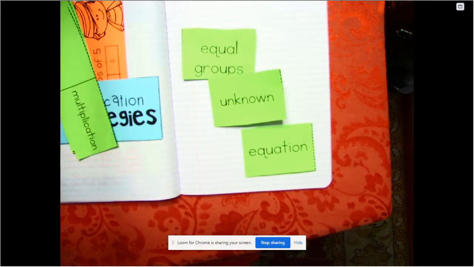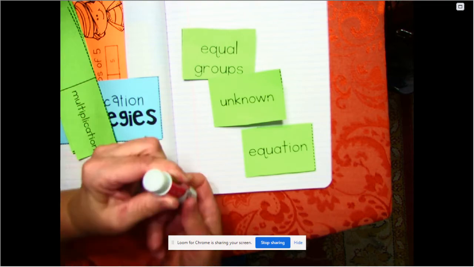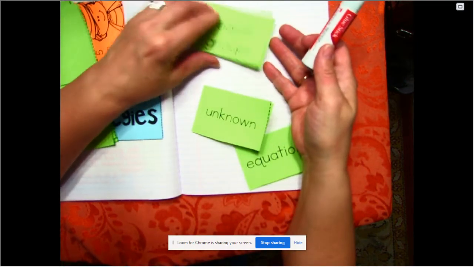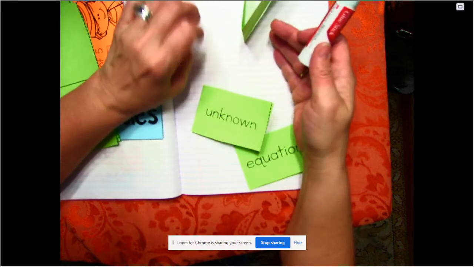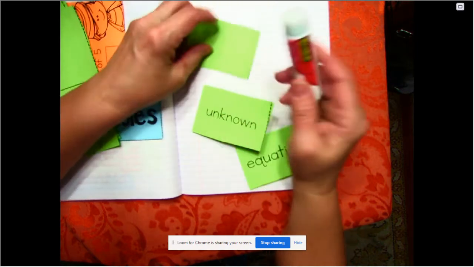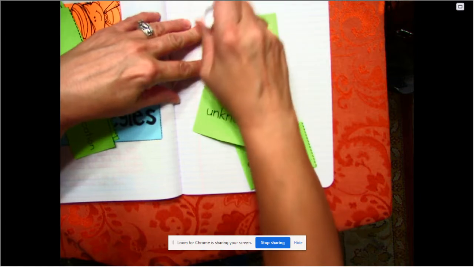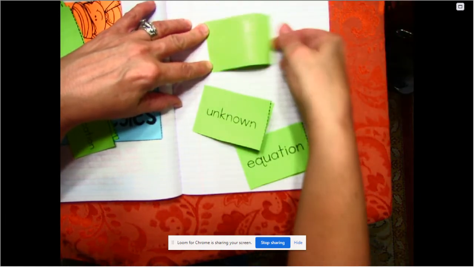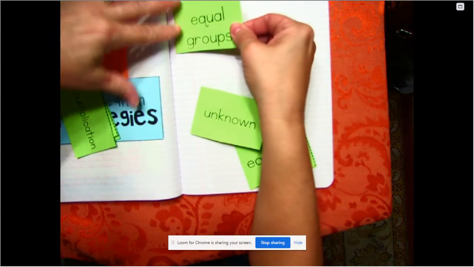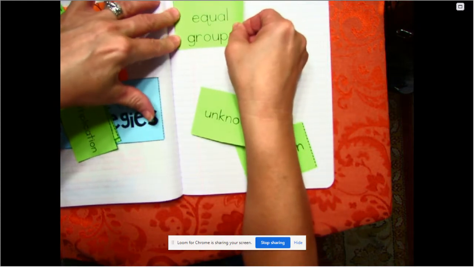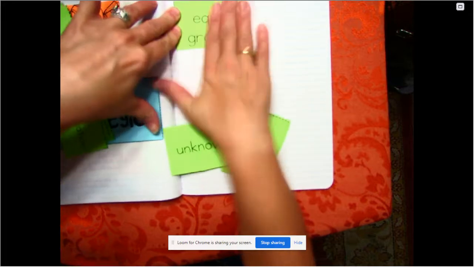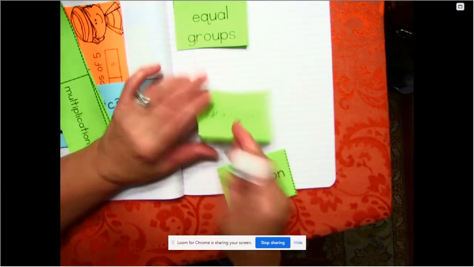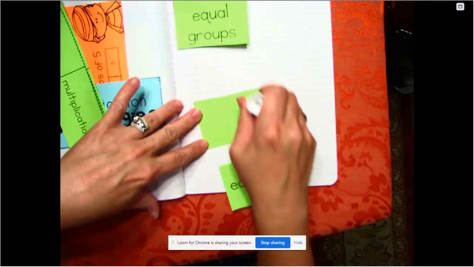All right. So our glue, wind the glue up, and we're just going to turn the book over on the back, and we're going to do some glue. Equal groups up here. Okay, next is unknown.